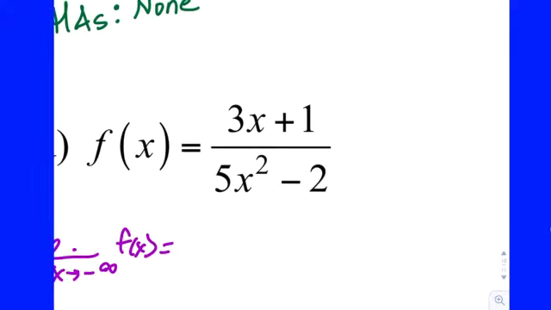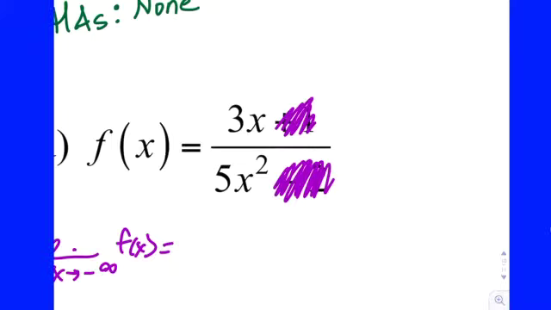So in this case, it turns out that 3x is the larger exponent because 1 is a constant. So you can forget about that. And in the bottom, 5x squared is in the front, and he is also the leading term. So remember, you can obliterate everything else with the leading terms only in this case because we're looking at the end behavior. All that stuff that I just crossed out will definitely affect the graph locally.